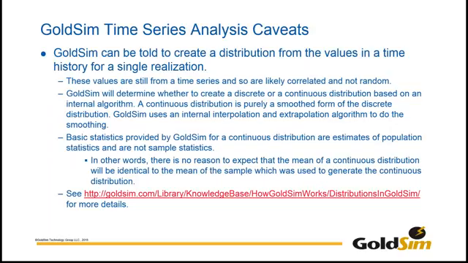Those two means might not be exactly equal, purely because the distribution result element is trying to estimate the underlying population mean, not the sample mean. There is a good knowledge base article on that, and you can see it at the address listed here.